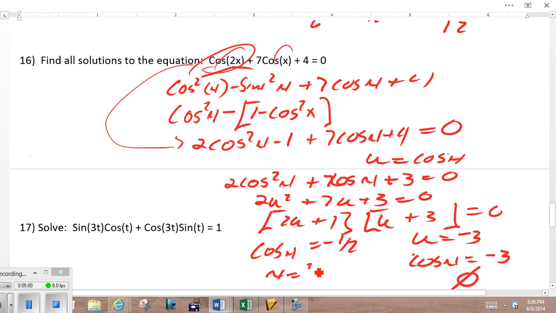So I guess that's 2 pi over 3. And in quadrant 3 rather, which is going to be 4 pi over 3, each with a plus 2 pi k, I guess we could say.